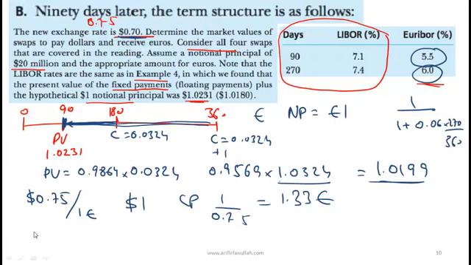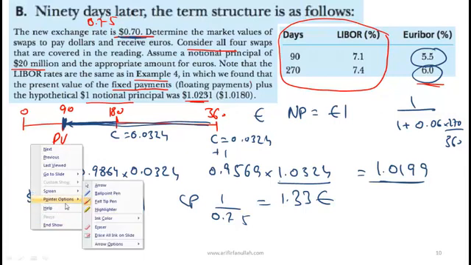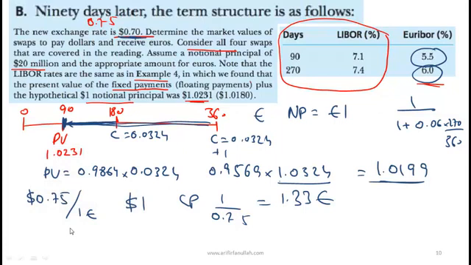So we are going to figure out the value of a pay fixed and receive fixed. In dollar terms, how much are we paying? The dollar, remember, is in red, so I'm going to put that back in red. How much money are we paying in dollars? It's the present value of the dollar amount. So that is minus 1.0231.